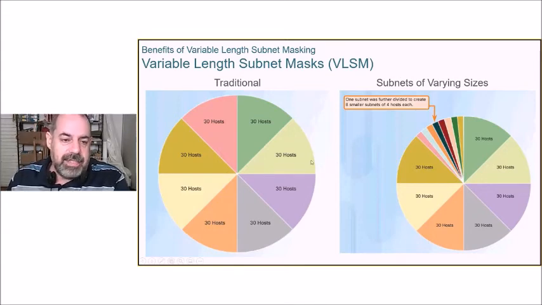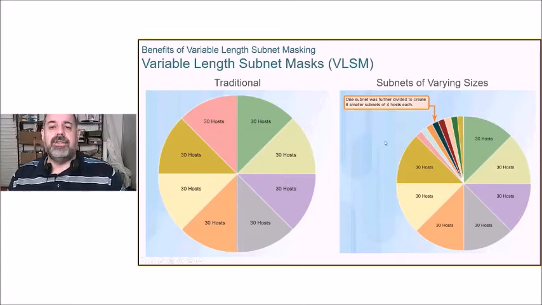That's not enough if you need 30 hosts per subnet, well then you're running out of space. So with VLSM, maybe you can have 7 subnets with 30 hosts, and then you can divide that last subnet up to be used for those point-to-point links or something like that. That certainly does make things a lot more flexible.